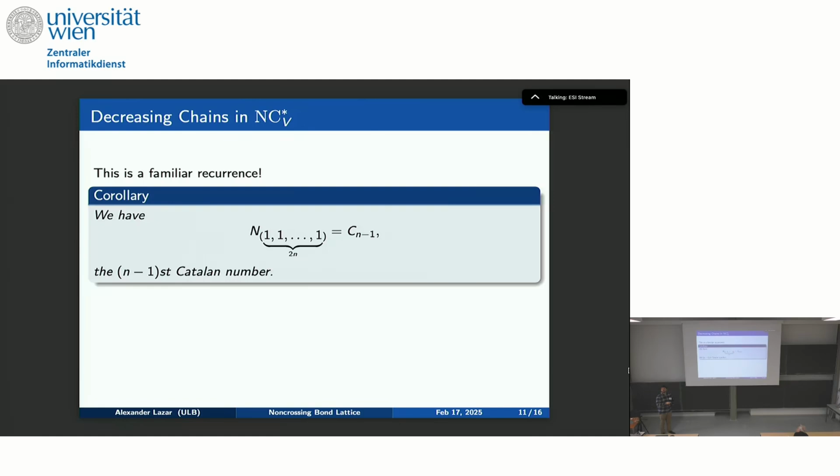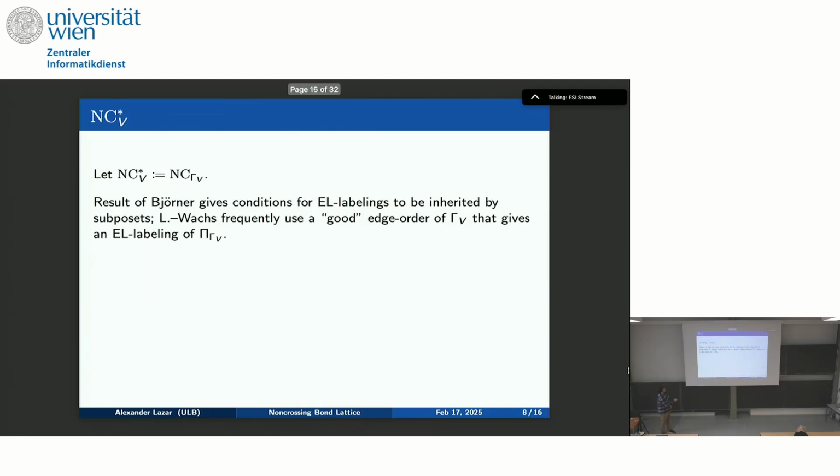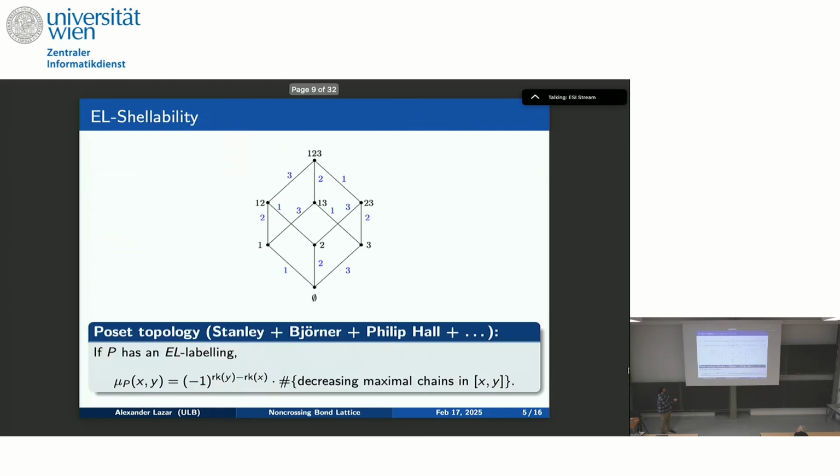No, sorry, that's t equals 1. So there's one. Yeah, it should be 1. There should be exactly 1 decreasing saturated chain. This one.